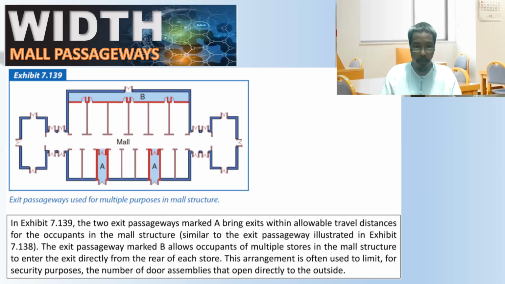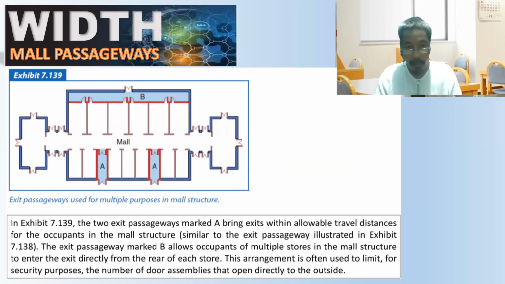In this picture, the two exit passageways, mark A, bring exit within allowable travel distances for the occupants in the mall structure, similar to the exit passageway illustrated in the previous picture.